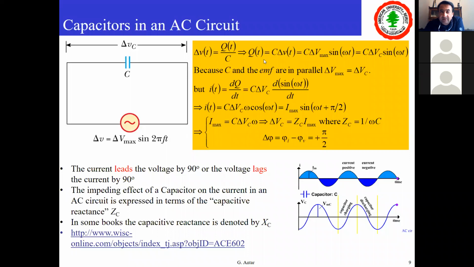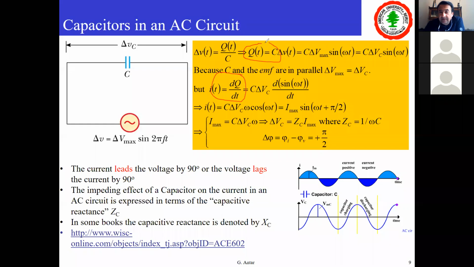So basically, you start from here. I of t equal to dq over dt. What's q? Q is given by C delta V max sine of omega t. This is constant, and what you need is to derive this as a function of time. The derivative gives you an omega, and also a cosine.